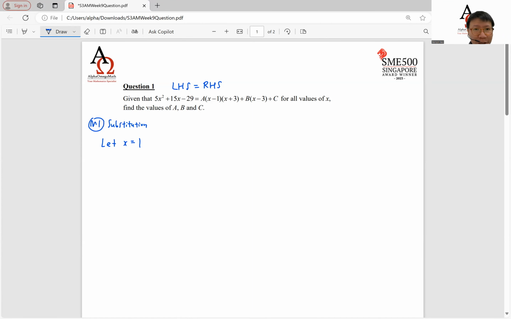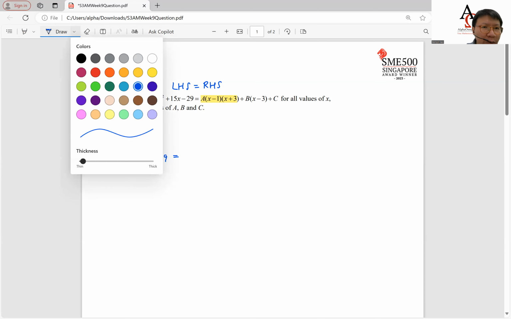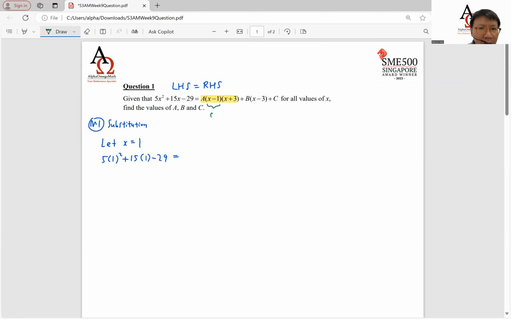Okay, because if you pick 1, that will allow us to get rid or eliminate some of the terms within our equation. So when x is 1, we can say that we have this will be equals to. Now notice that when x is 1, the term containing a will disappear because 1 minus 1 over here will give you a 0 for this term.